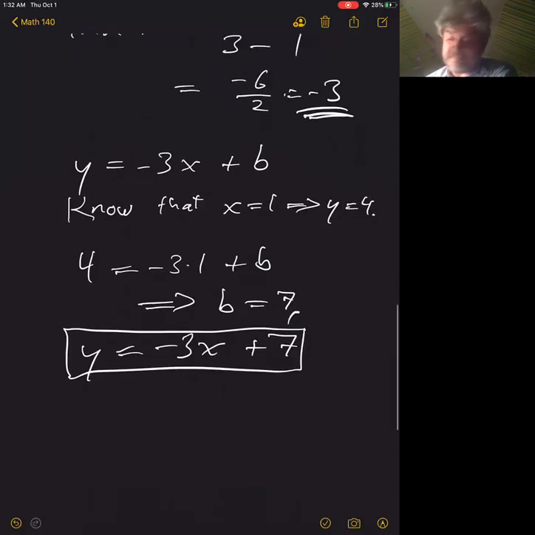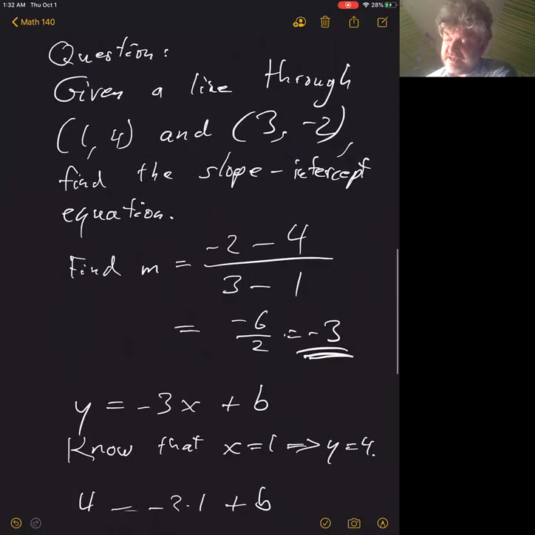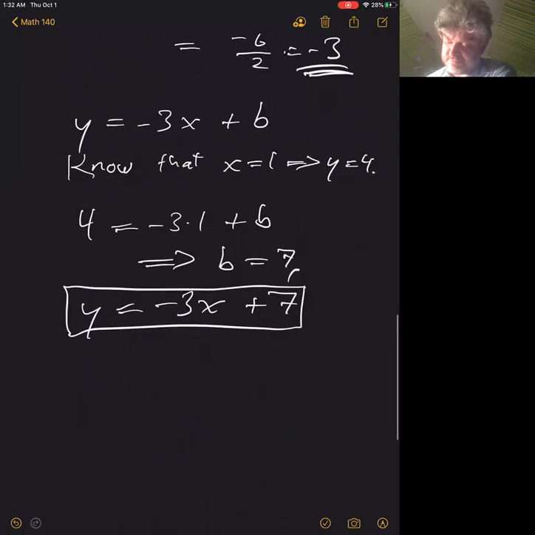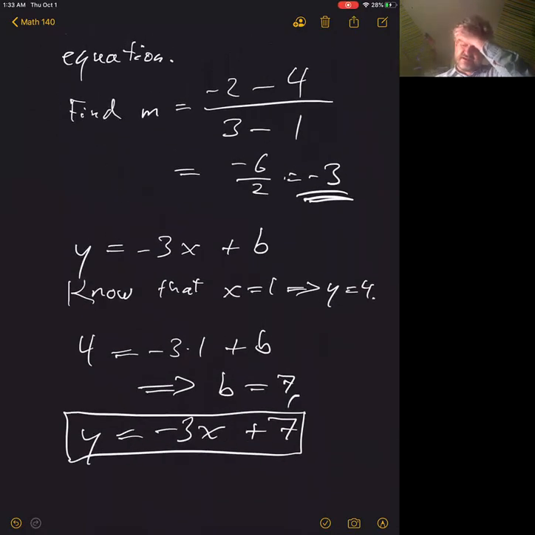Reality check. Had we plugged in x is 3, then what would we get? y is negative 3x plus b. We should have gotten negative 2.